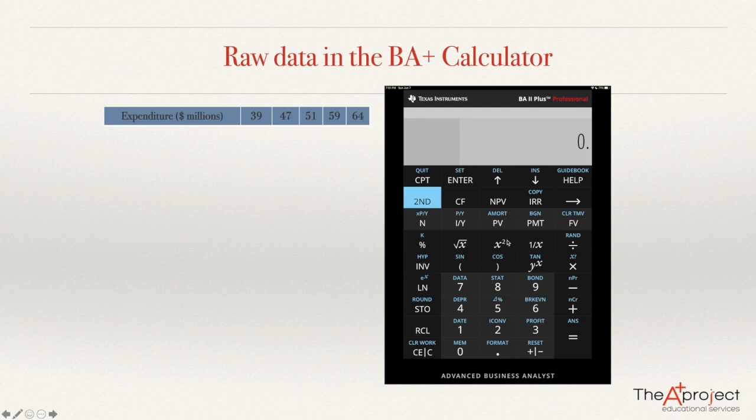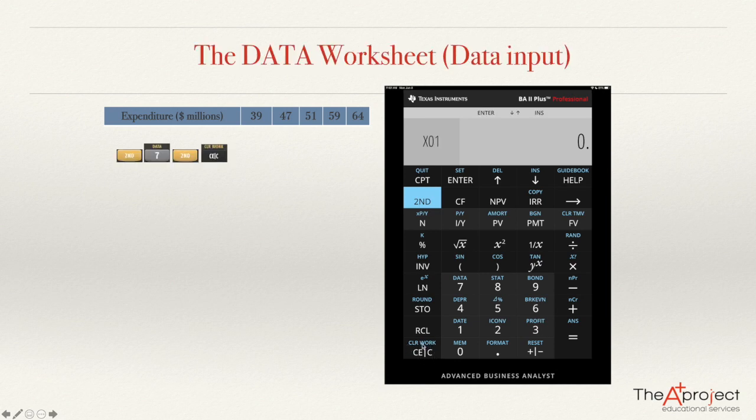So there is a worksheet for the data set, and this is on key 7 in your calculator. So you press second data, second clear work. This key is at the bottom left corner of your calculator.